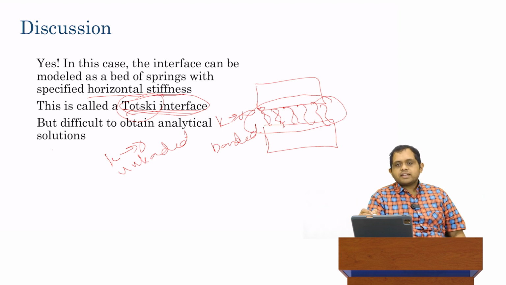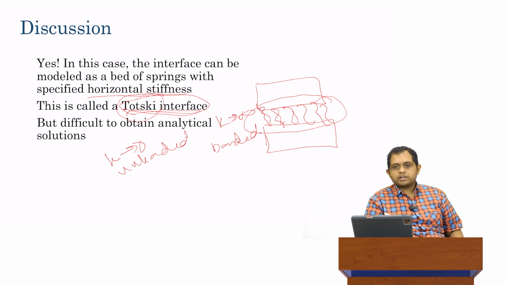So, if the Totsky interface is the quote unquote realistic condition, it's what should be analyzed. Why didn't I do that? Why did I take you through all this trouble of analyzing fully bonded or unbonded cases? And similarly, in the next lecture, we'll do an example. Why are we doing that if we know the Totsky interface is the more realistic case? The answer is, it's difficult to obtain analytical solutions.